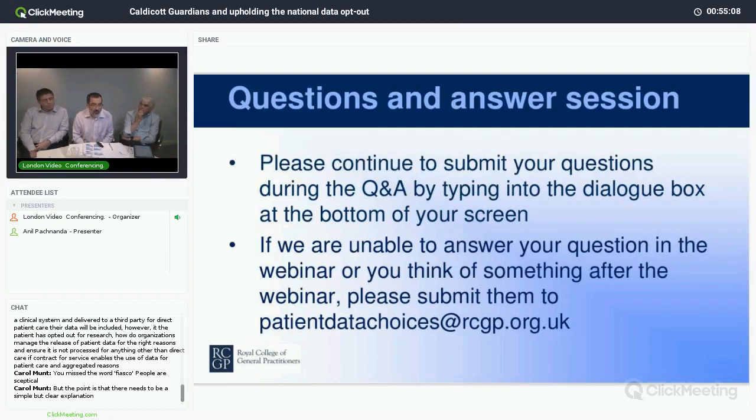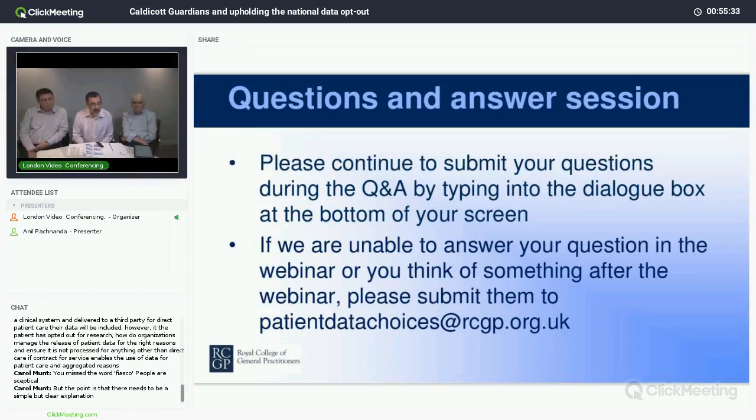And the important thing there is that as a data controller releasing the data to that third party, it's essential that your contract with them is explicit that they must implement whatever rules there are around the processing of data for purposes other than individual care.